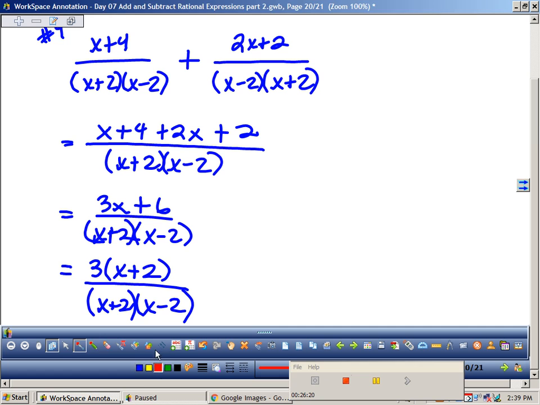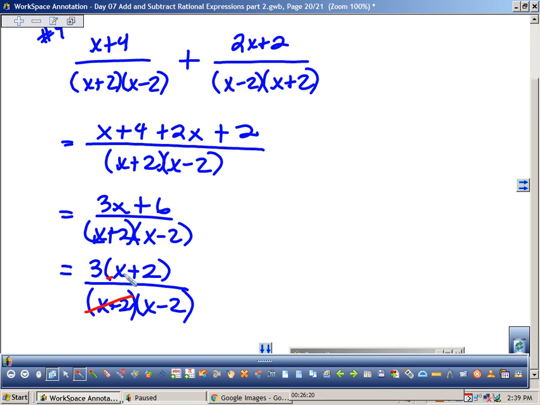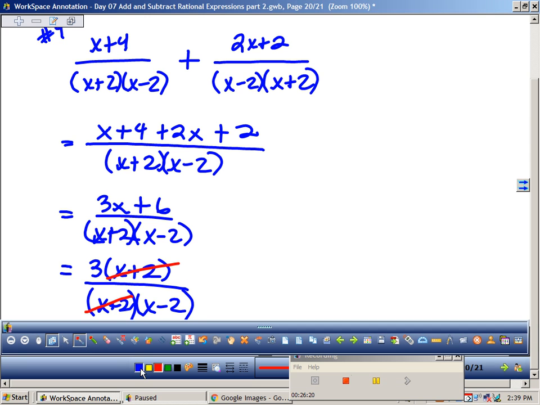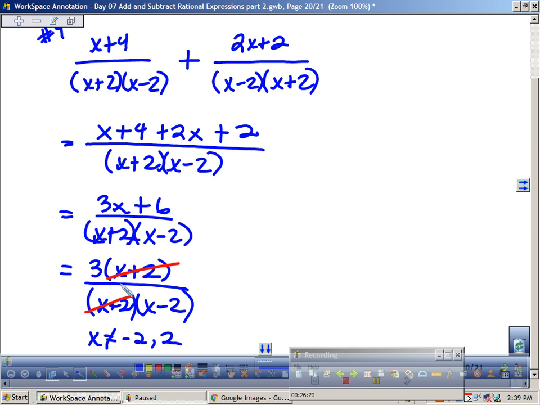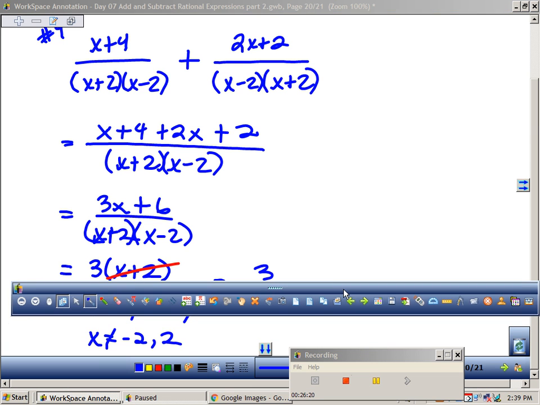And so now all I have to do is, what are my excluded values? x cannot equal negative 2 or plus 2 because that's now a hole, right? And now my answer is 3 over, what kind of graph is that? Good job, rational function. Okay, I'm going to go ahead and pause it.